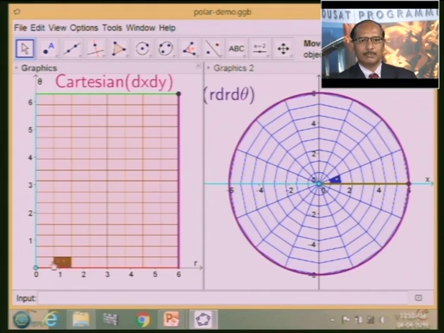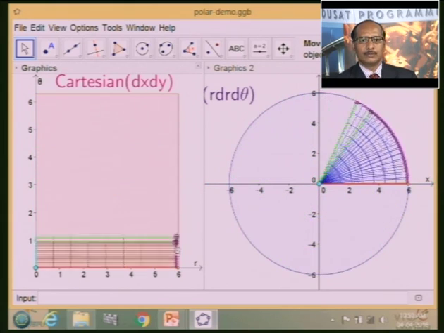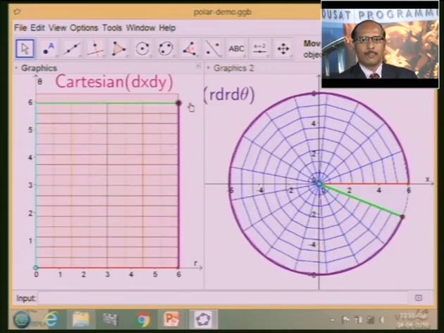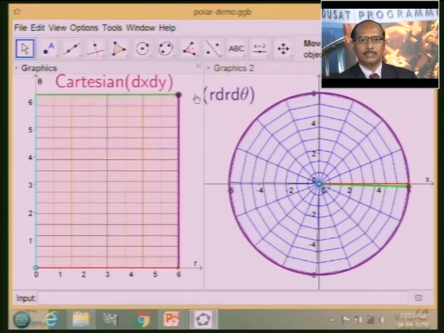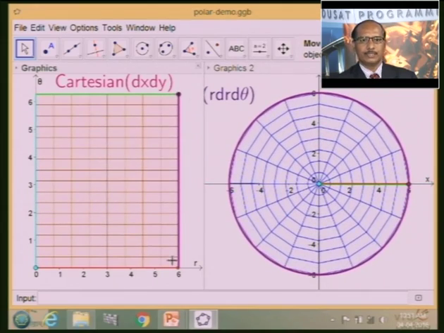You can see this dx dy corresponds to the small region r dr d theta. This is constructed using GeoGebra.